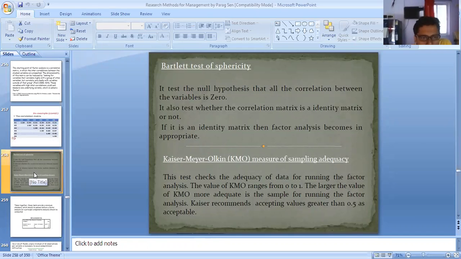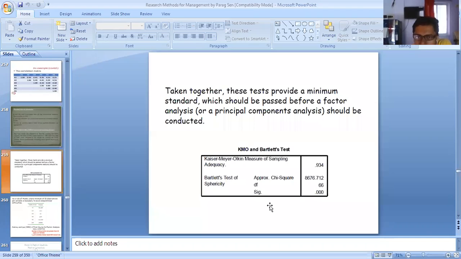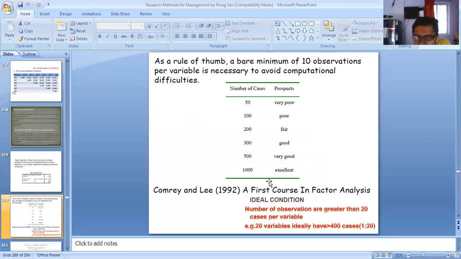Have a look at the KMO and Bartlett's test of sphericity. The significance level is under 0.05, so there is sufficient correlation, and the KMO value is 0.934, which is very close to 1. The closer to 1, the more adequate the sampling. So you can apply your factor analysis model.